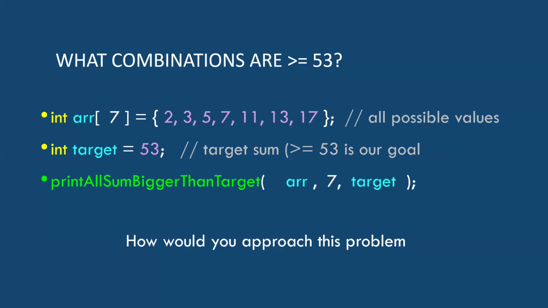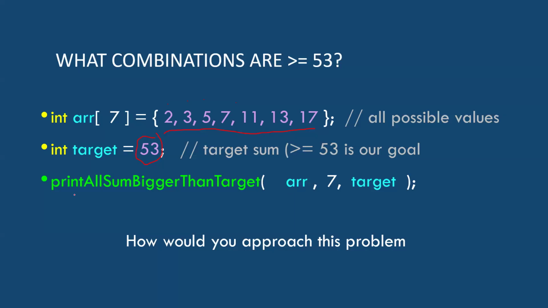If I have an array of 7 values, and I would like to find a way to add these things up to 53, what are all the sums I can produce by combining these numbers to come up with that?